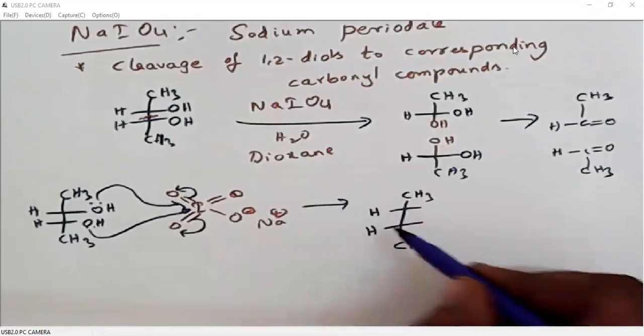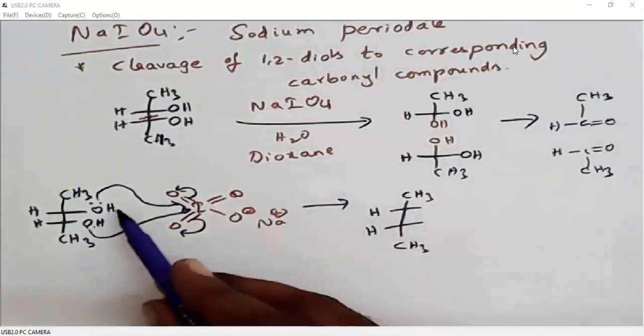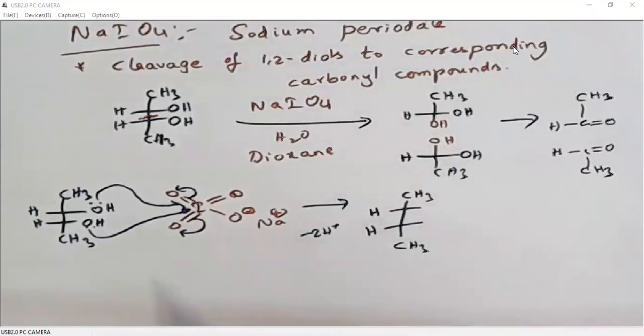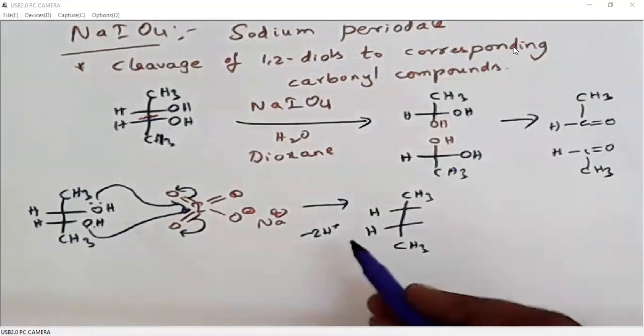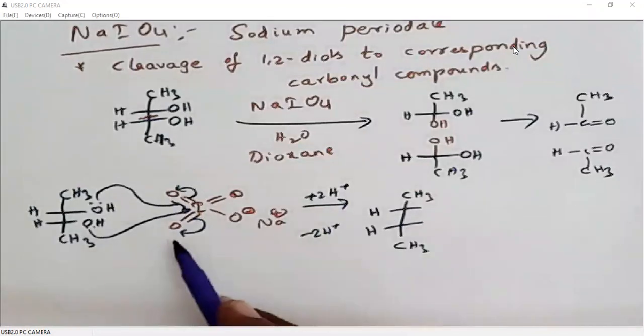So oxidation will not occur in the first step itself. We can deprotonate these two protons, so minus 2H plus. We will take out these two protons, and at the same time we will add two protons because O minus is generating.